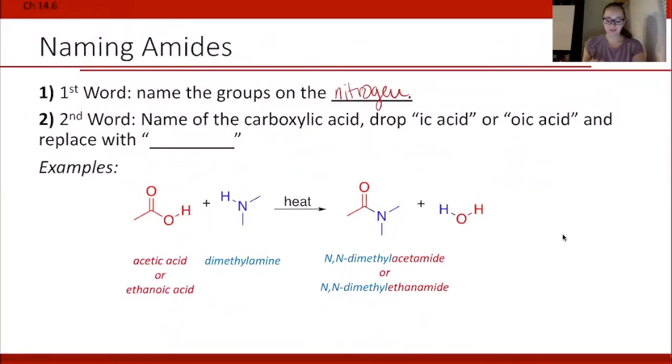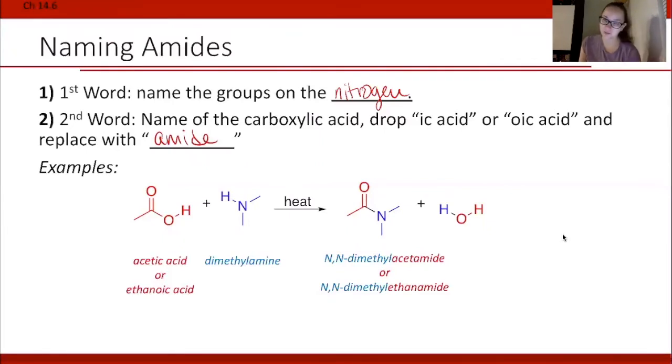In this bottom example, we have two methyl groups on the nitrogen, therefore we're going to have dimethyl in the first word portion. The second word, name the carboxylic acid, drop the -ic acid, and replace with amide.